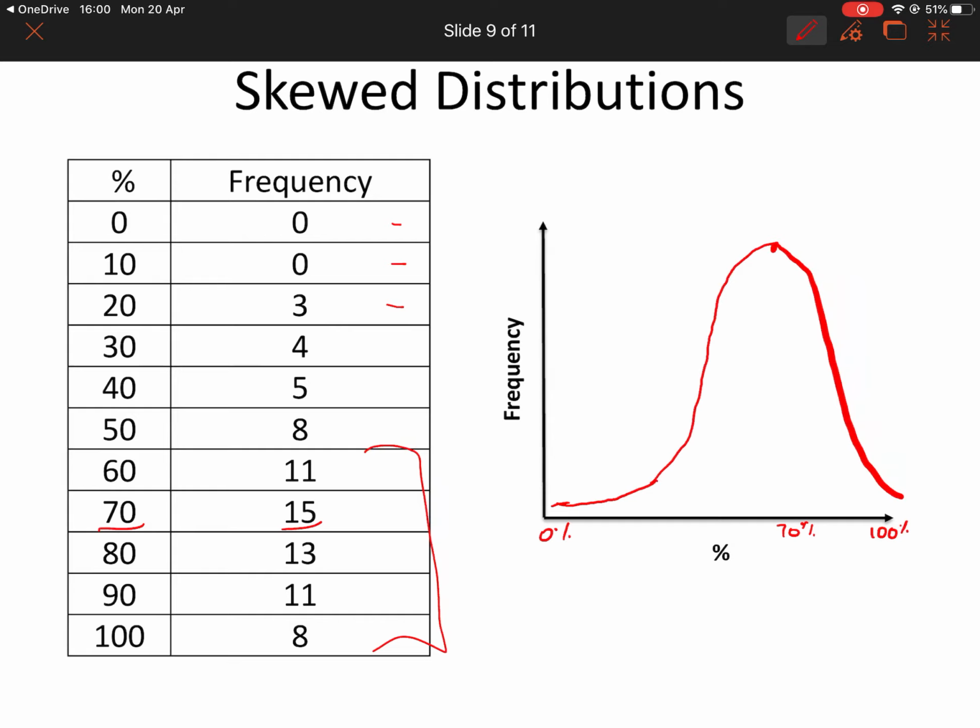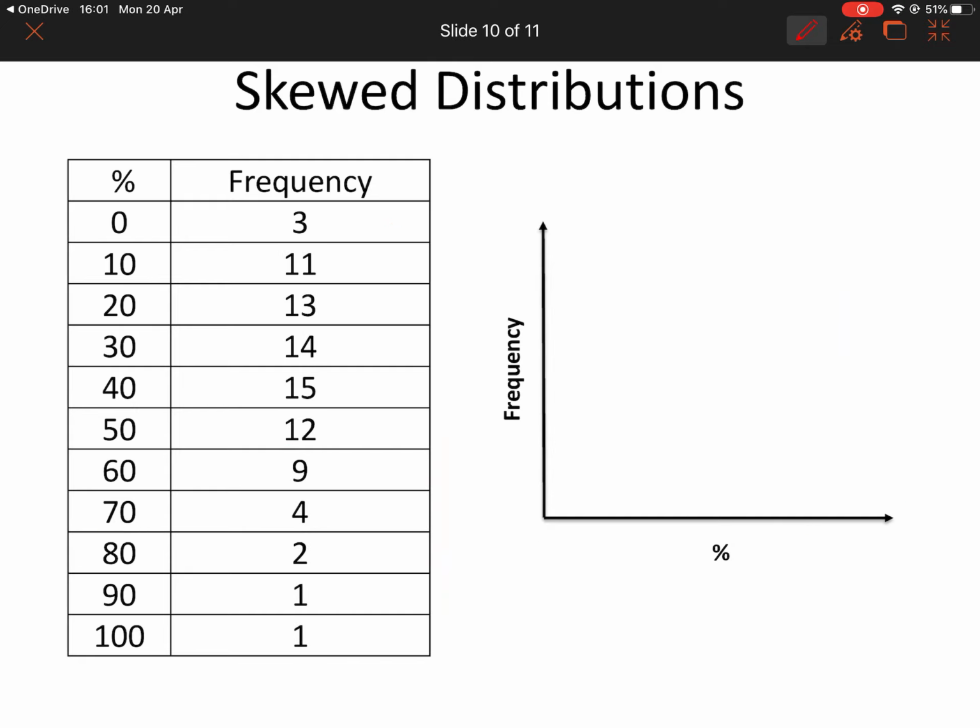So most of them are distributed on the right-hand side, mostly high-achieving scores. So we can see here that the majority of scores are high scores with a tail here, so very few low scores. So I can see here that this is a negative distribution or a negatively skewed distribution.